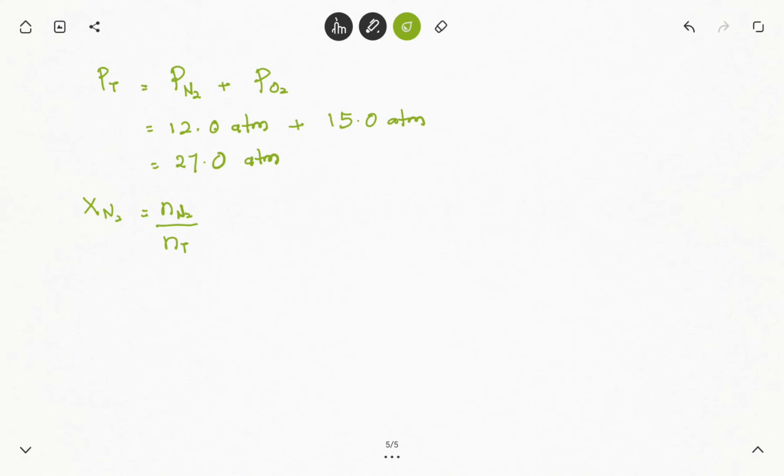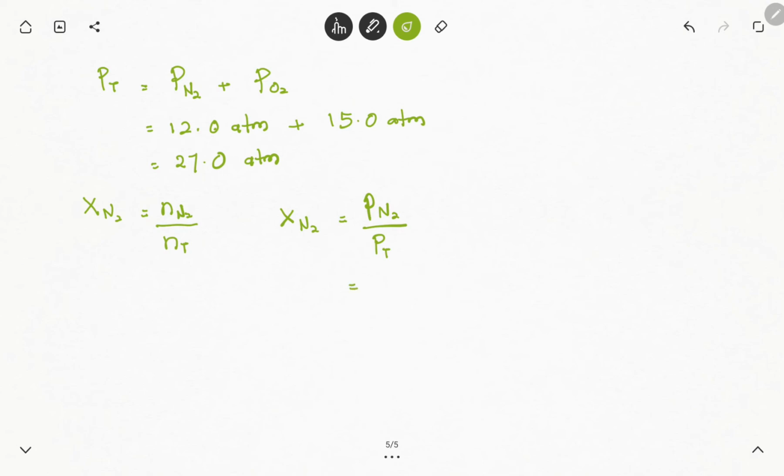So we can use the formula of mole fraction: mole fraction of nitrogen gas equals partial pressure of nitrogen gas over P total.